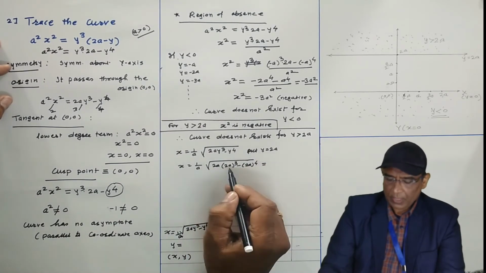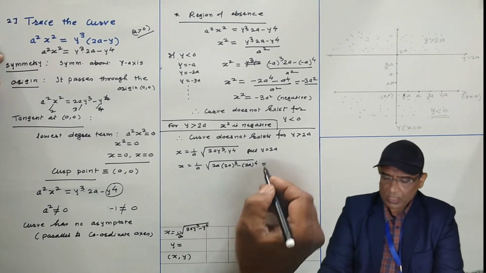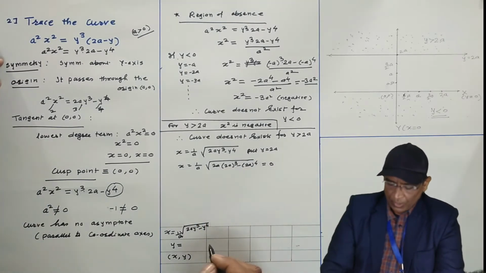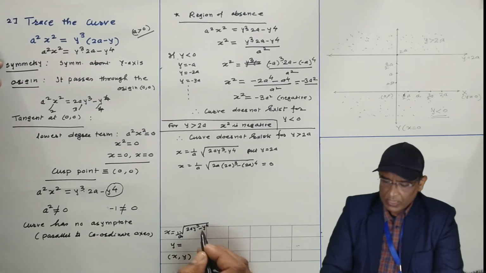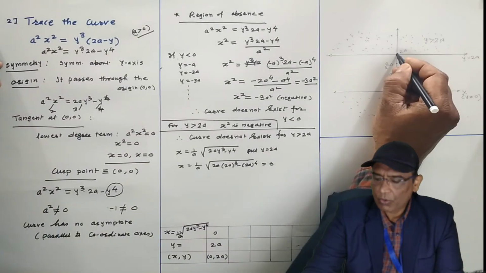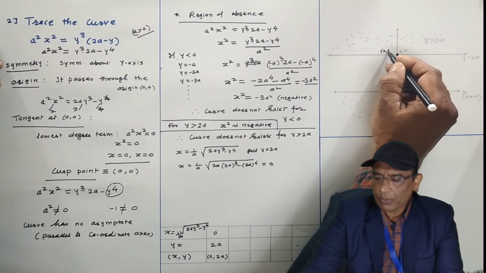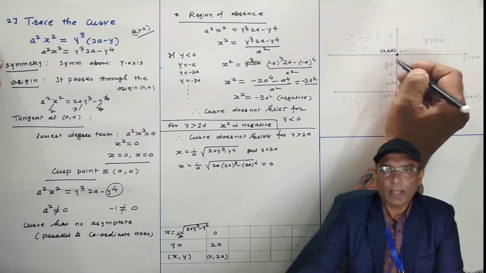This is 8a cube minus 16a raised to power 4, which is 0. Means for y equal to 2a, the value of x is 0. The first point we have obtained is 0, 2a, because this point is on the y-axis.